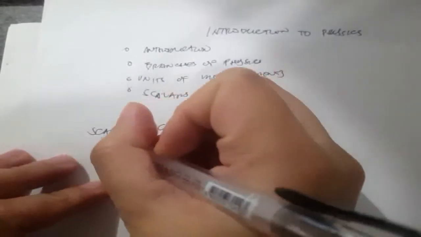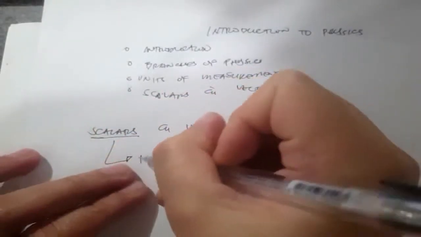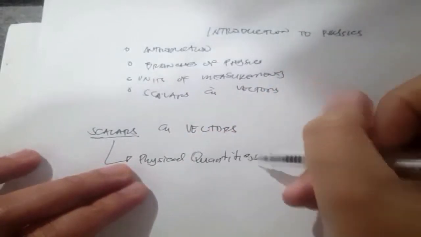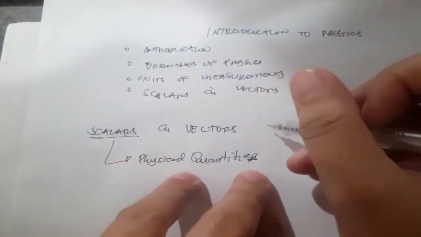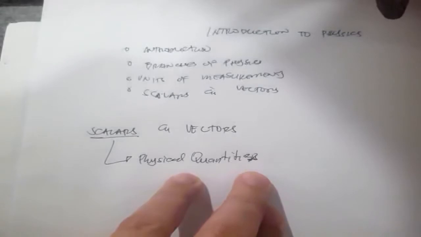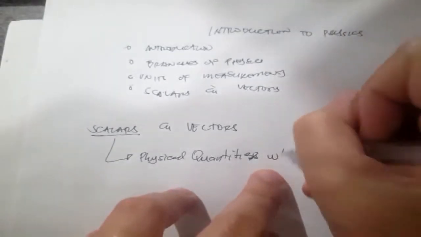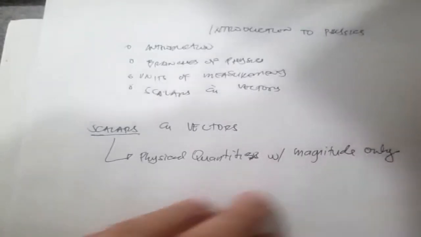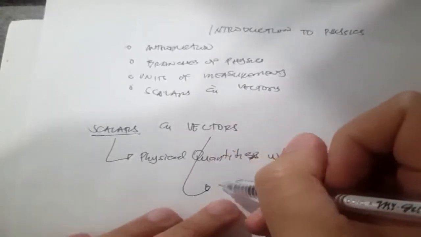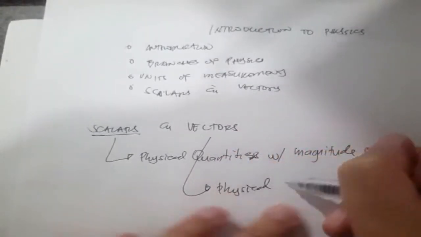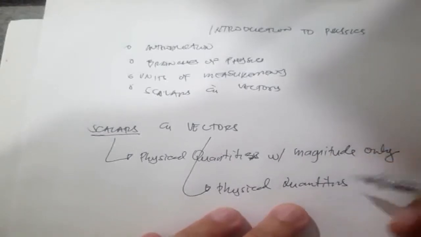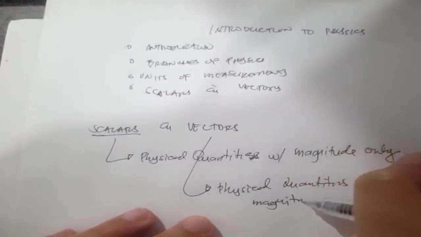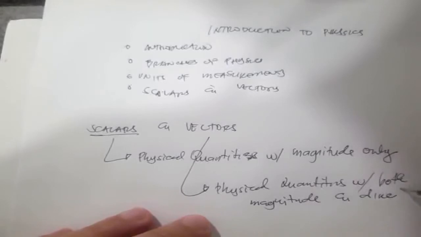When we say scalar, these are physical quantities with magnitude only, while vectors are physical quantities with both magnitude and direction.